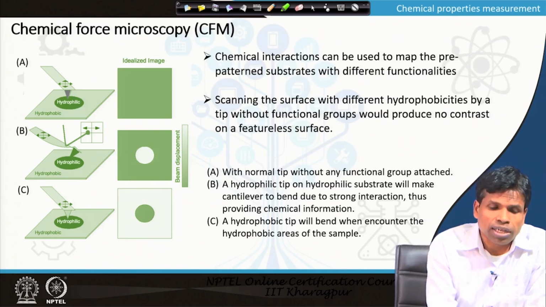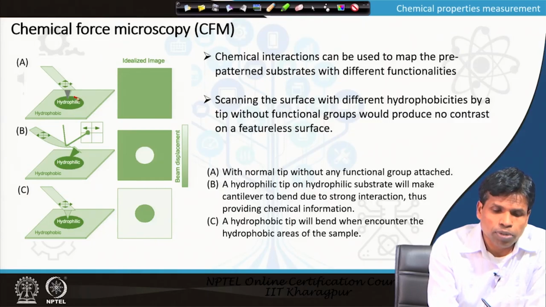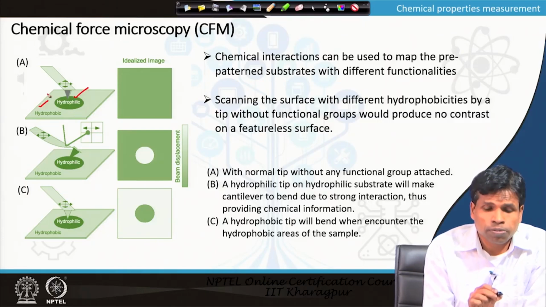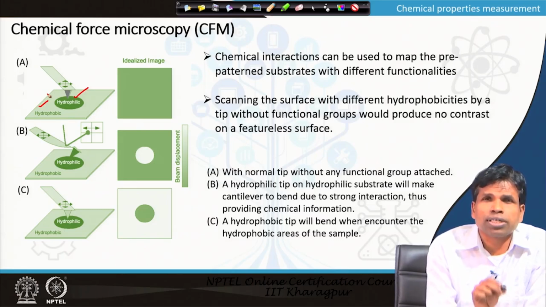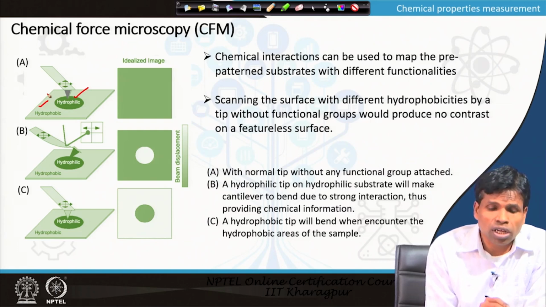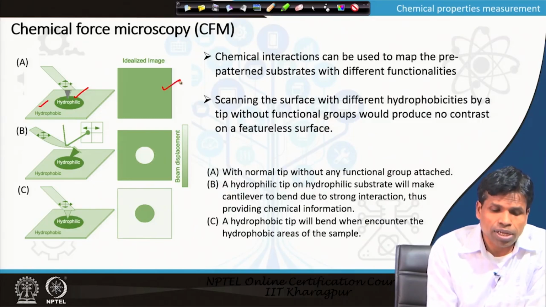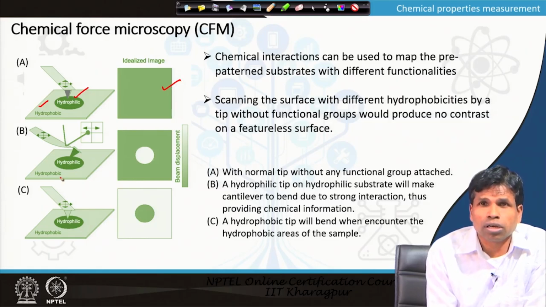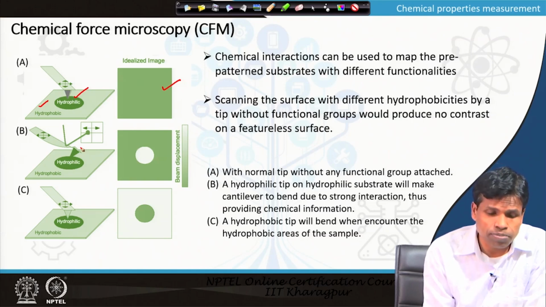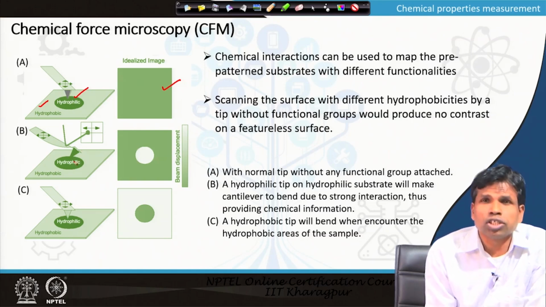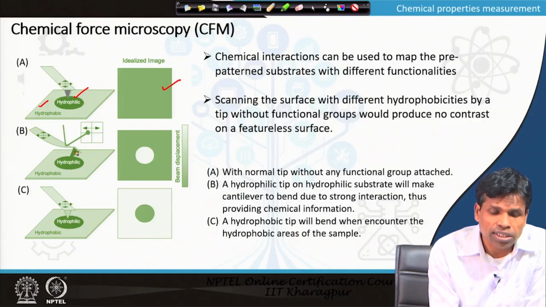But even though our sample has both hydrophilic and hydrophobic parts, our tip is non-functional. Therefore, it cannot detect hydrophilic and hydrophobic parts separately, giving a single contrast. But for the same sample with hydrophilic and hydrophobic components, if we use a hydrophilic tip, then at the hydrophilic region of the substrate the tip bends.